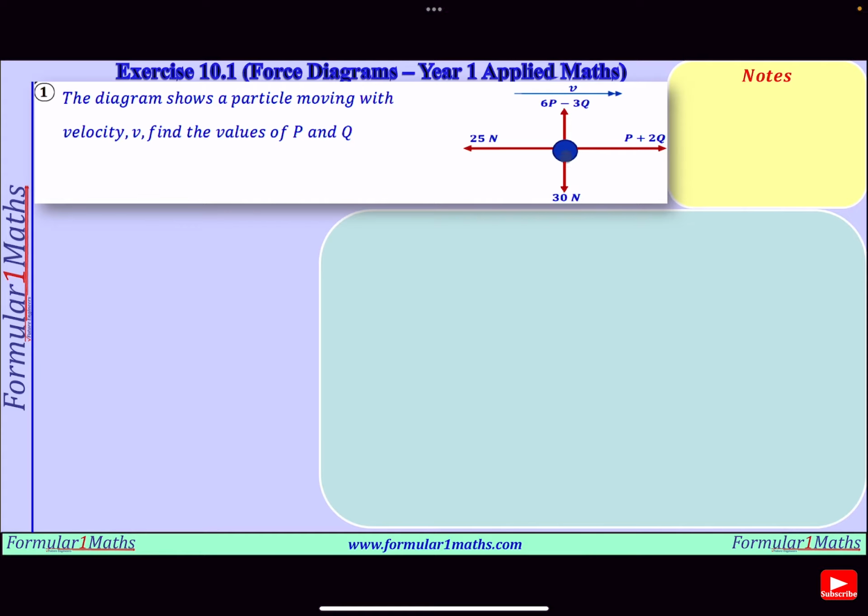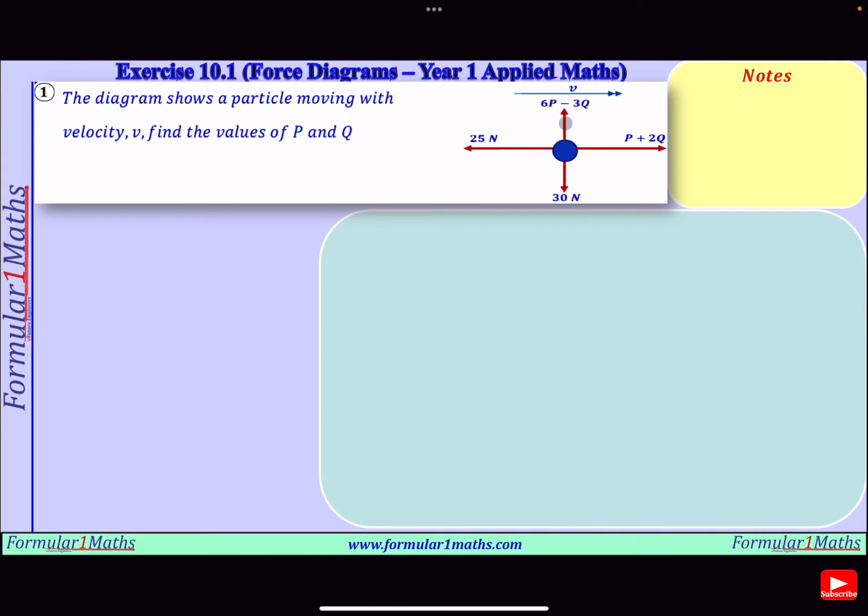Now this particle is moving in this direction with a constant velocity v. So first of all, let's look at the vertical motion. The particle is neither moving up nor down. That means that the total forces acting downwards must be equal to total forces acting upward.